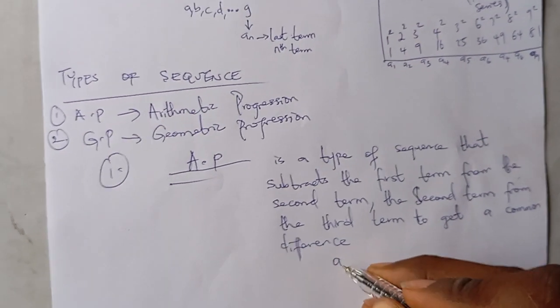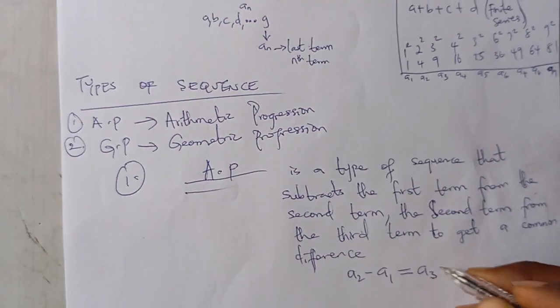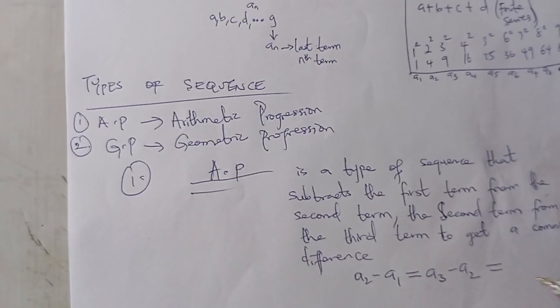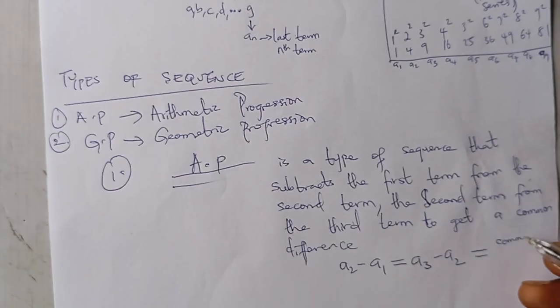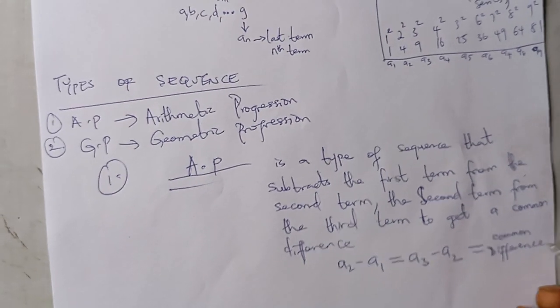That is, A2 minus A1 should be equal to A3 minus A2, and it should give you a common difference. So the common thing here is the common difference.